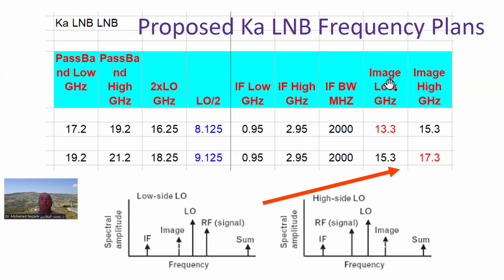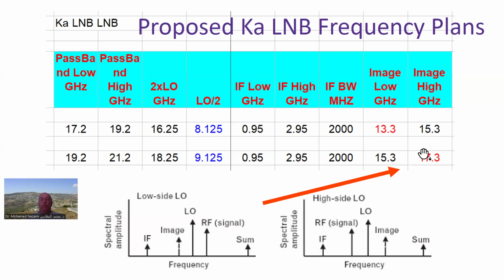Now, just to remind you, I'm not going to teach the basic concepts of receivers. The image has to be rejected so that we can reject the broadband white noise at these allocations. Otherwise, this noise will fold back into the in-band and will actually double the noise figure.